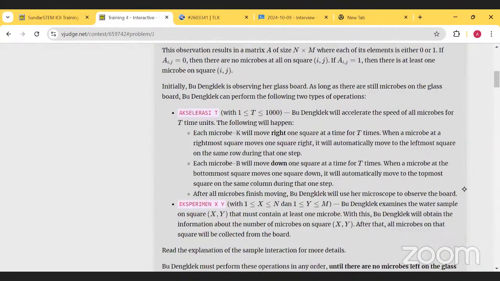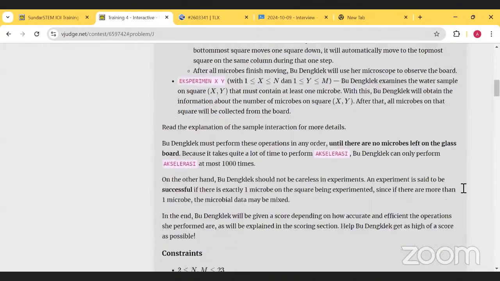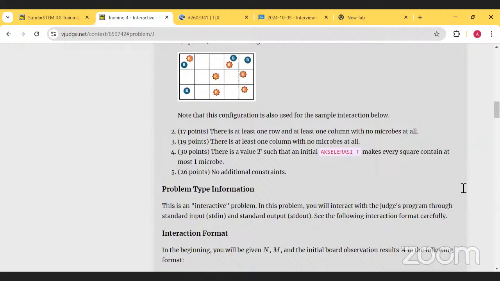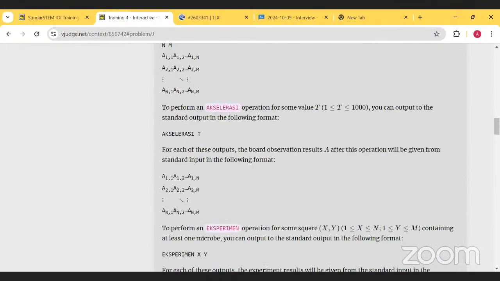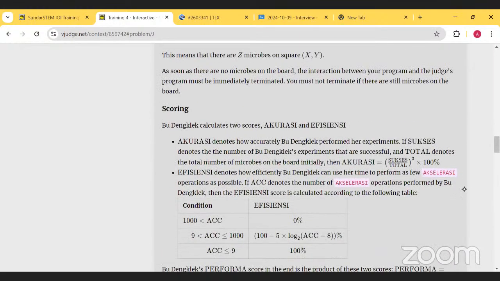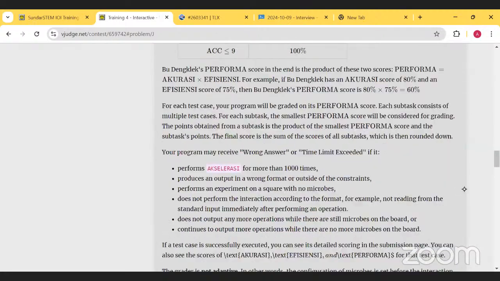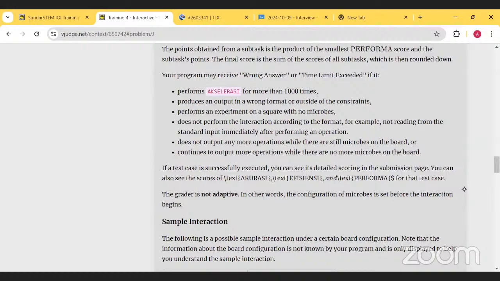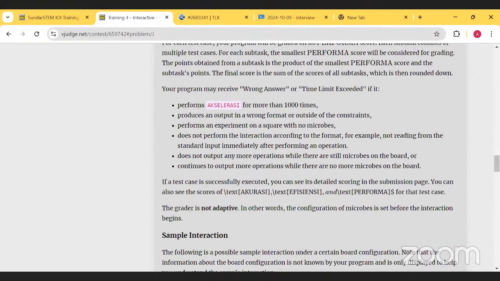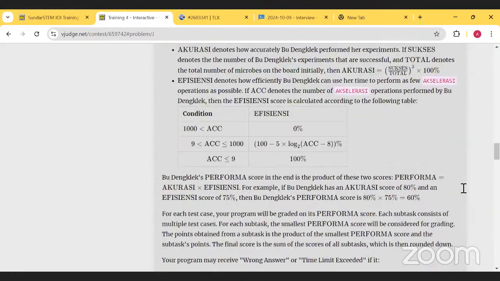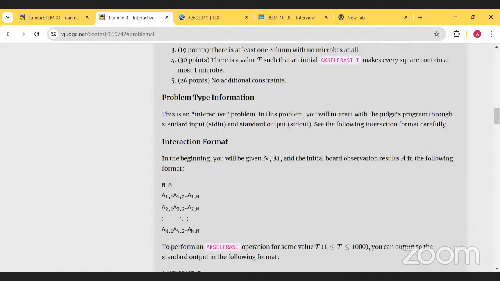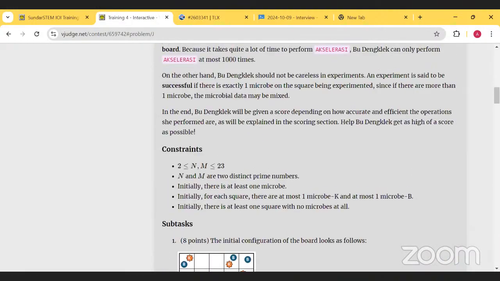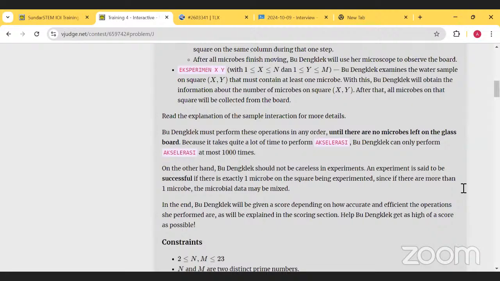Okay. Did you understand the problem? Have you read all of the description? Okay.